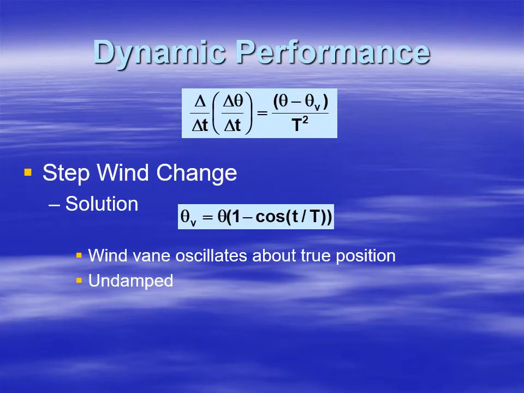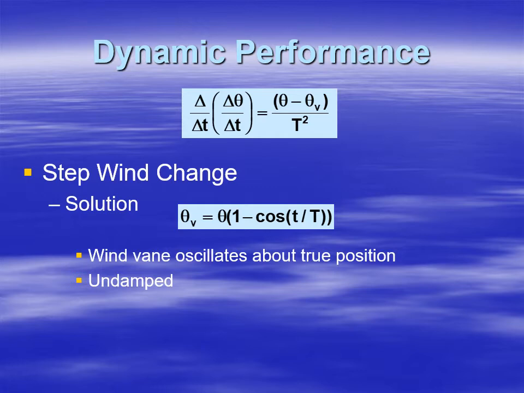So in another video, we looked at how a wind vane will respond to a change in wind direction. If there is a step change in wind direction, we saw that the result was a sinusoidal solution to this equation.